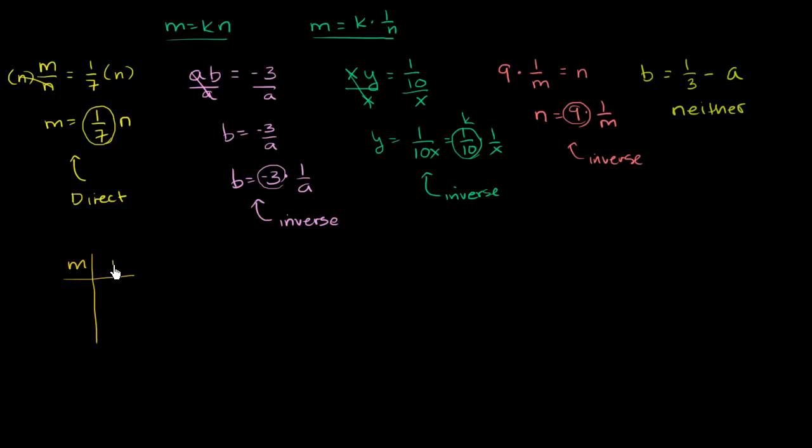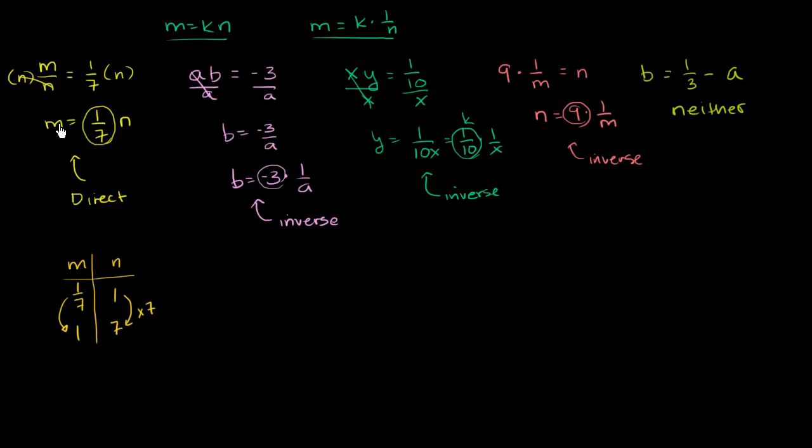In the way I've written it here, when n is 1, m is 1/7. And when n is 7, m is going to be 1. So if n is scaled up by 7, then m is also scaled up by 7, or vice versa.